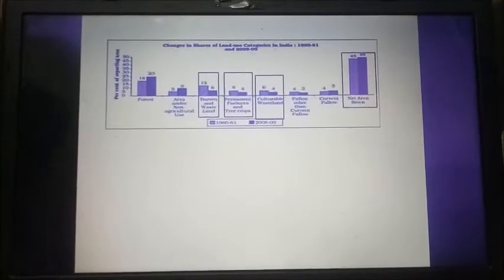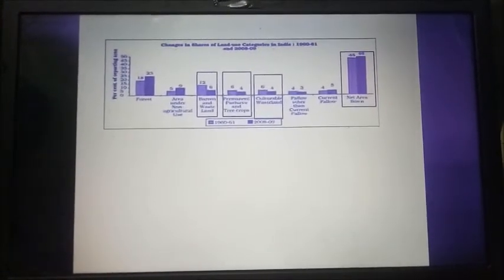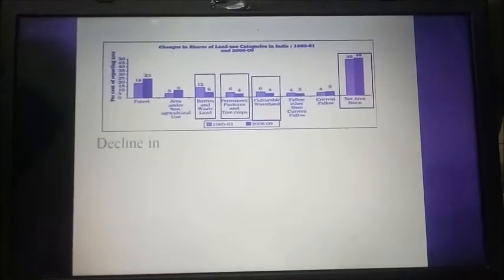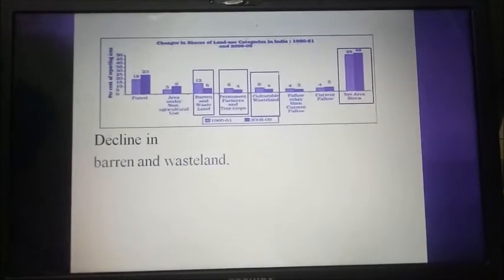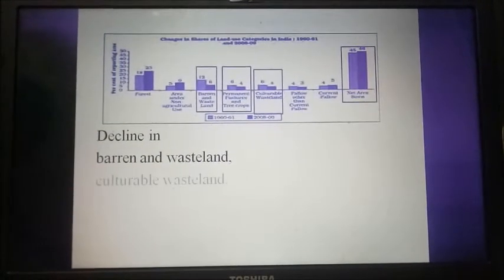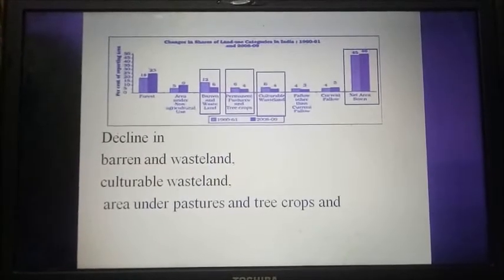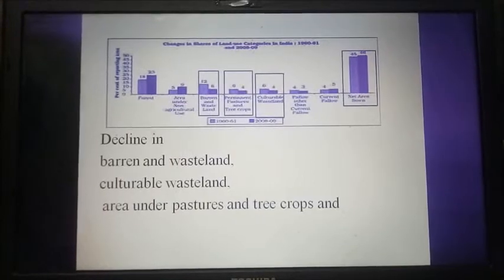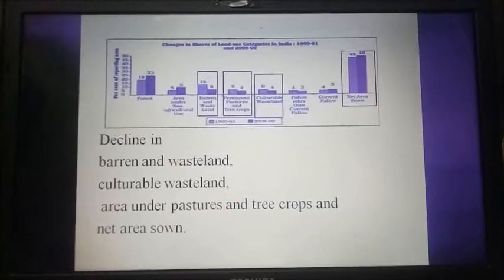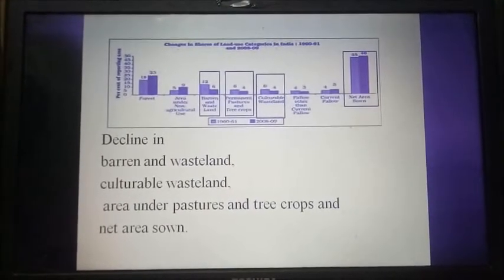Now, the 4 areas which have shown a serious decline as per the graph: the barren and wastelands have decreased. Cultivable wasteland has also decreased. Area under pastures and tree crops has also decreased, and the net sown area has also declined.